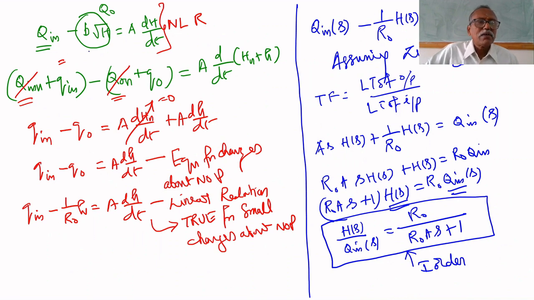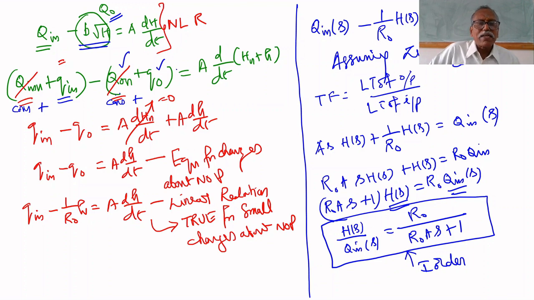So, instead of using B root H, we can put q naught. Q in can be written as Q in nominal plus small q in, the change in inflow rate, and Q naught is Q naught nominal plus the change in Q naught. The nominal part is constant, plus changes. Therefore, it becomes variable.